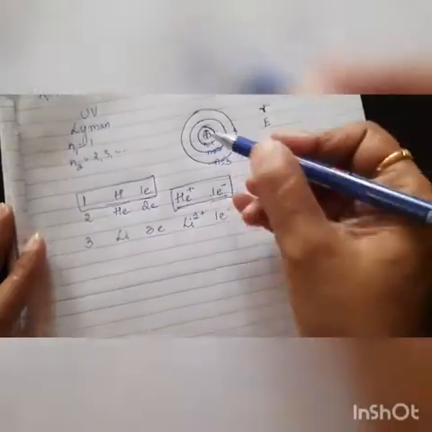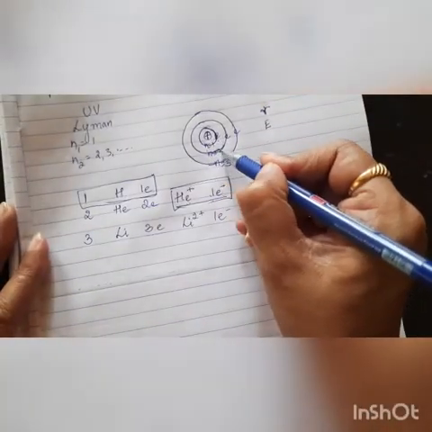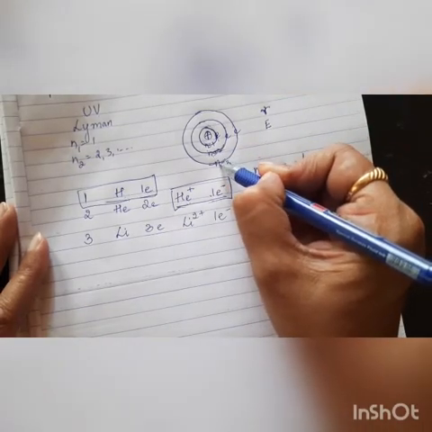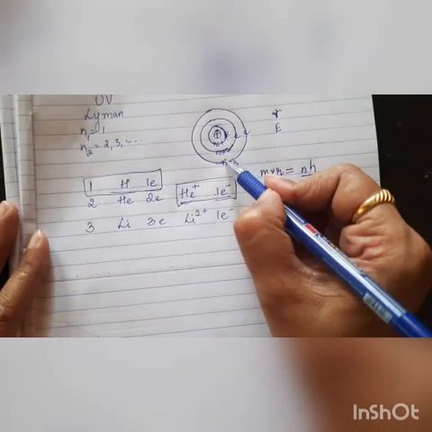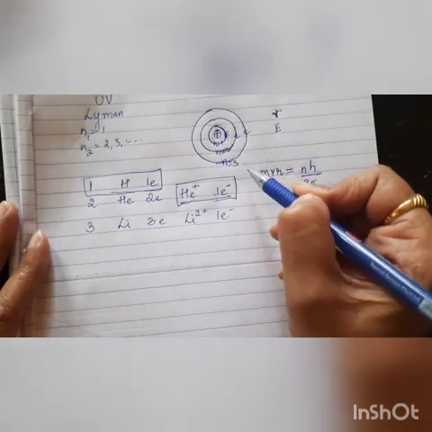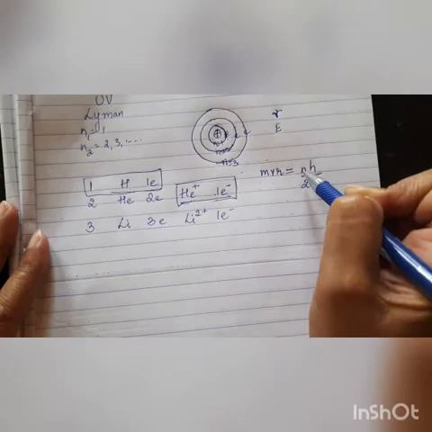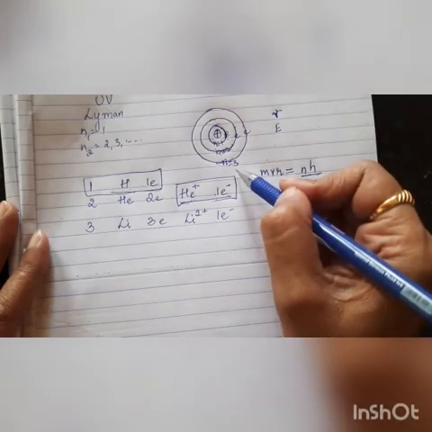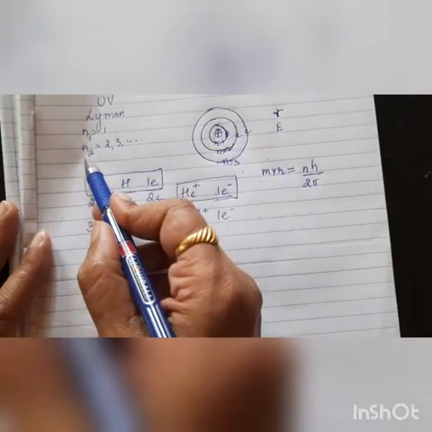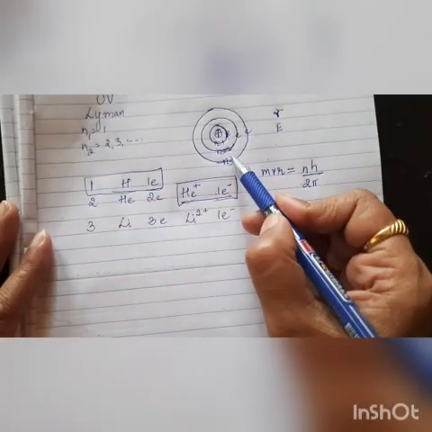So first energy state, second, third, fourth, whatever integer n we take, we call it the principal quantum number, indicated by the letter n.